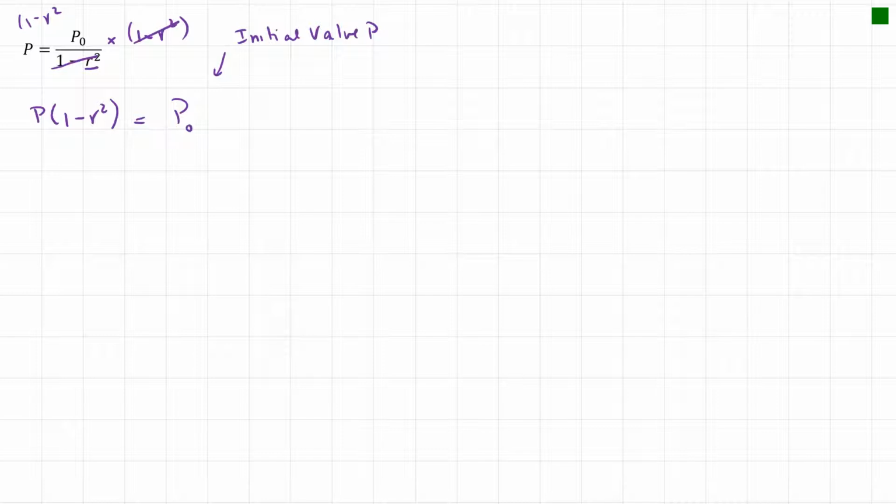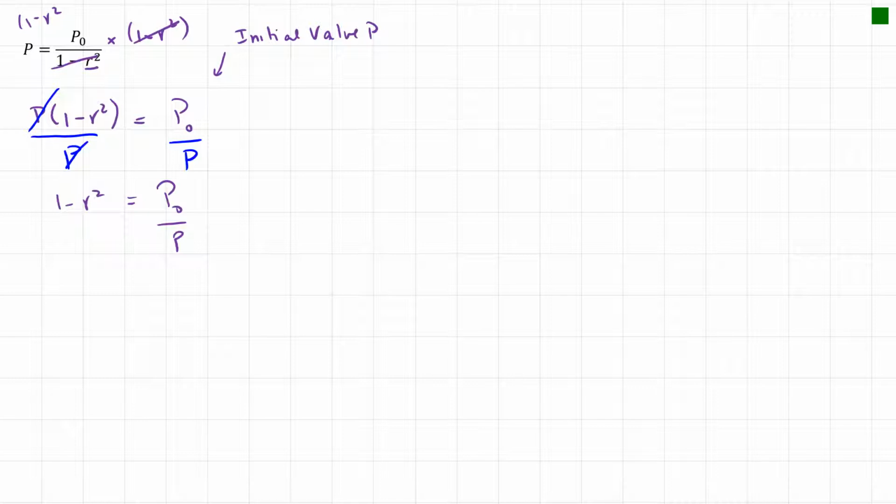Now, the R squared is inside the bracket and the P is outside. So I know I need to get rid of the capital P there. So I'm going to divide both sides by P. And it cancels on the left, and that leaves me with 1 minus R squared equals P0 over P. Next step is to isolate the R squared.